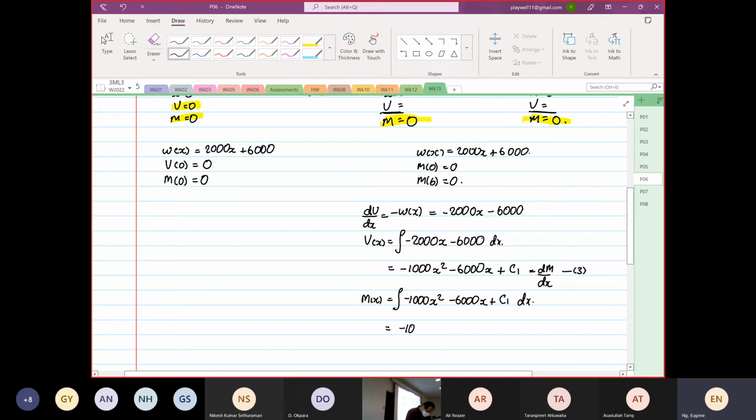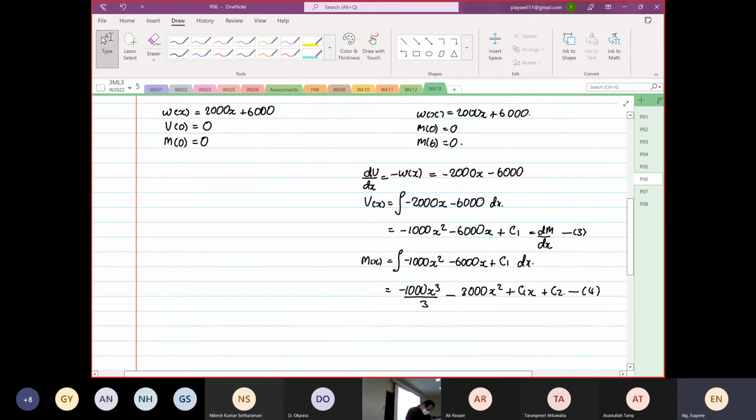So this is equal to minus 1000x cubed over 3 minus 3000x squared plus C1x plus C2. Equation number 4.